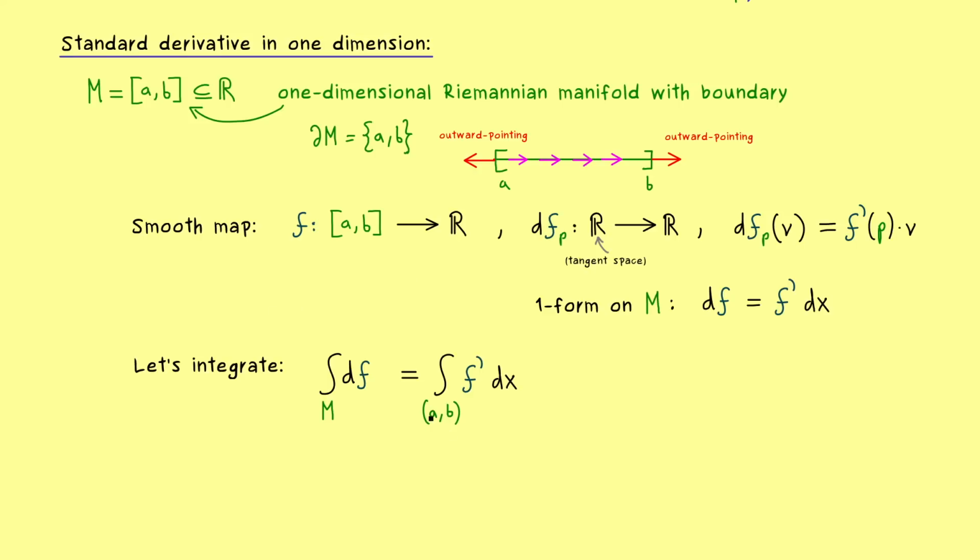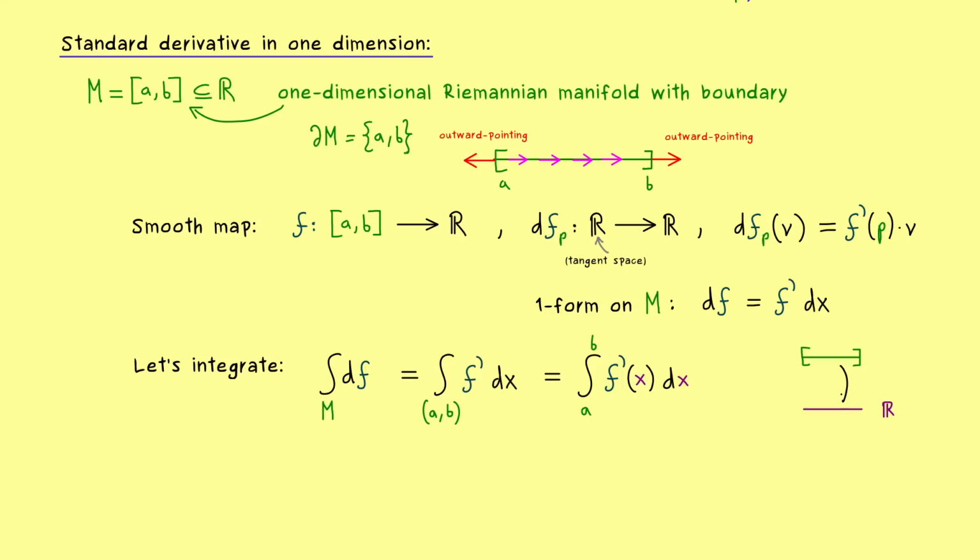In particular, as we have discussed at the beginning of the video, this abstract integration on manifolds is just defined by the concrete integration in R^n. Hence, in this case, we just have the explicit integration in one dimension. And since we just have the identity map here, not much changes.